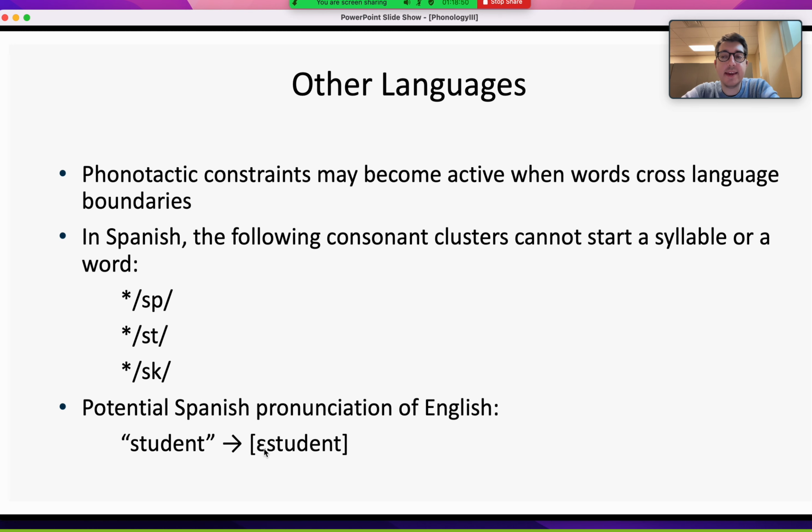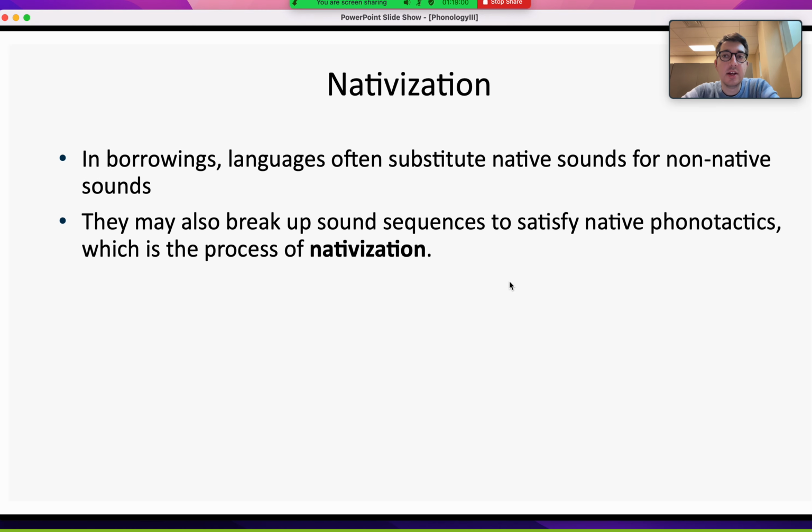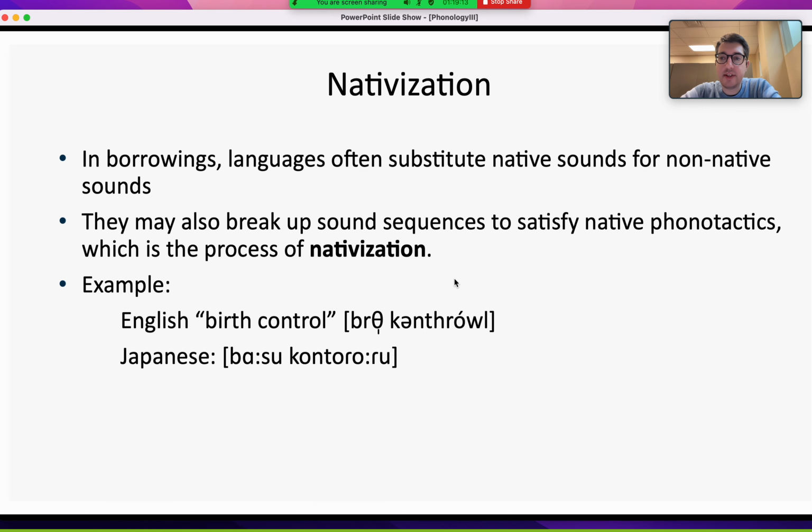And they're adding an e, like student, estudent, right? Or estudy. If you notice a little bit how Spanish speakers are saying this, you will see that what they're doing is actually nativizing the sound patterns. This process is called nativization, and it's very frequent.